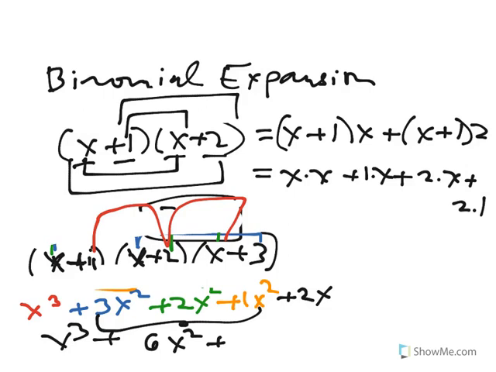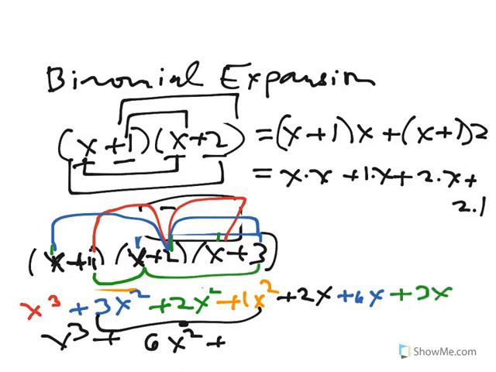Or I could use the x with the 2 and the 3 to get 6x. Or I could use the 1, the x, and the 3 to get 3x. And it ends up together becoming 11x.